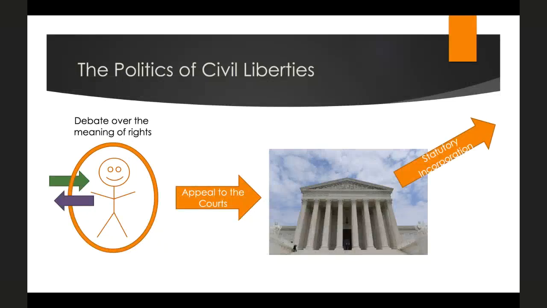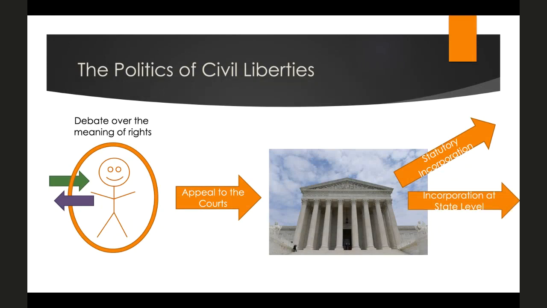Once the court rules something, there still has to be statutory incorporation. Famously, in the question of abortion in Roe versus Wade, there is not a federal law preserving the right to abortion. It's all state-by-state regulations. And so the fact that there's no federal statute means that there's a lot more contestation over the meaning of the right to an abortion.